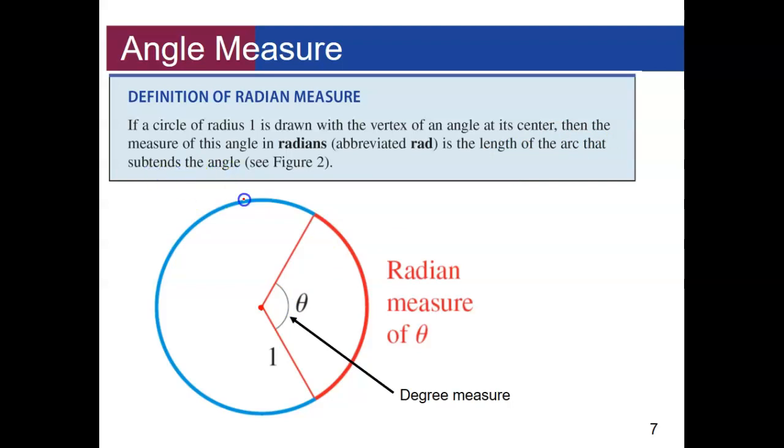Subtends means we have this arc out here and it's intersecting this angle here. So the length of this arc is our radian measure for theta.